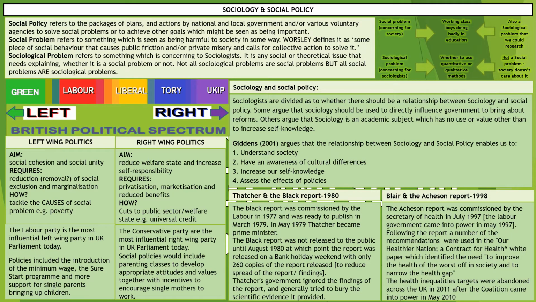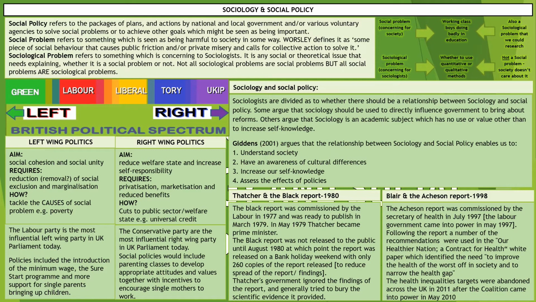On a side note, a very similar event was Blair and the Acheson report. Now, the Acheson report was commissioned by the Labour government in 1997, just as they came into power. Again, it was looking at very similar things about the health of the nation, how to improve health and welfare, and reduce health inequality. The report was, in this case, taken on board.